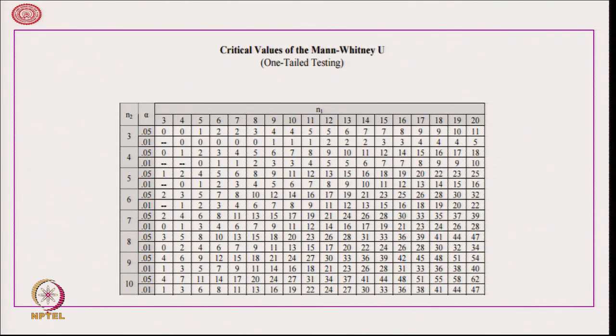Similarly, there is one-tailed testing, where the value for different m and n is given for a one-sided test, and the alpha values are taken to be 0.05 and 0.01.